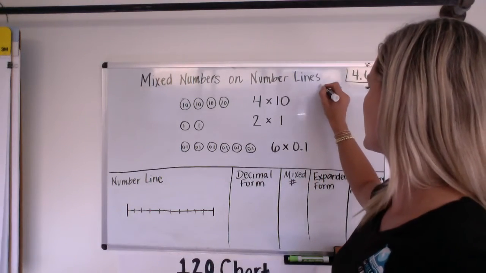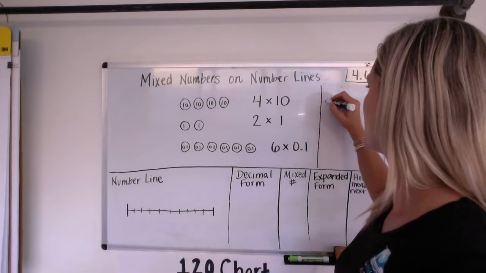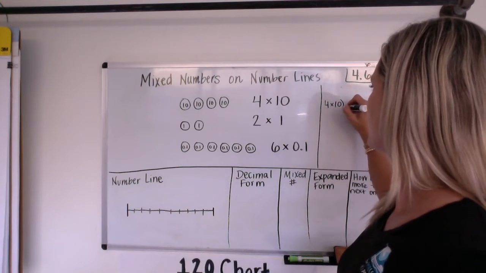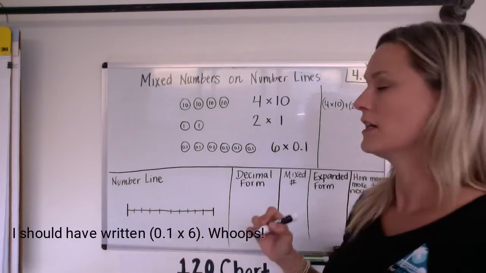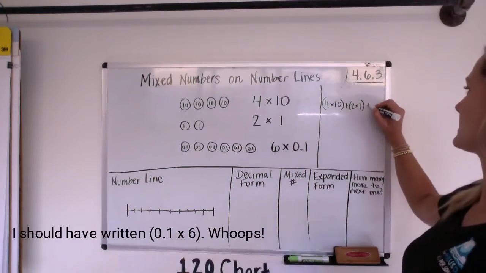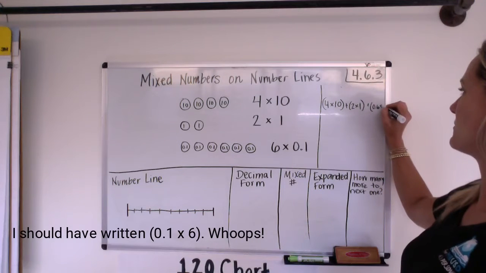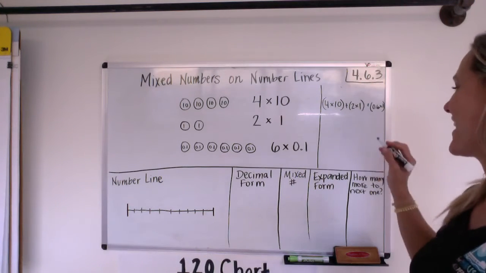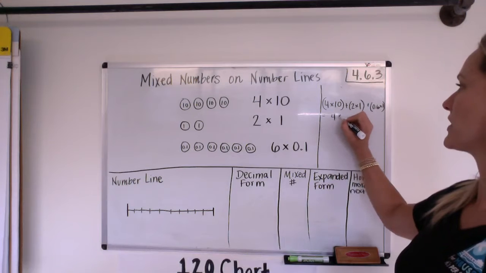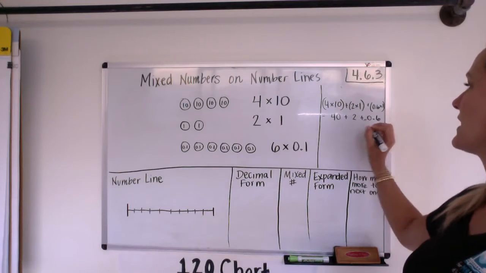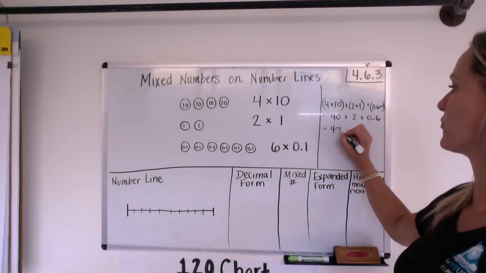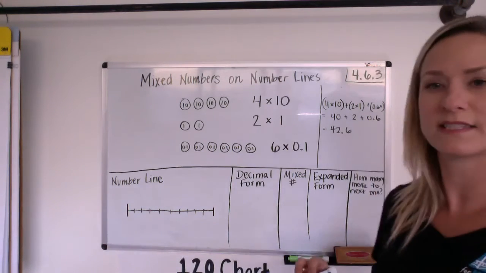So let's see here. If I just add another line, I could do 4 times 10 plus 2 times 1 plus 6 tenths times 1. Ooh, I made it. And we know that would be equal to 40 plus 2 plus 6 tenths. And we know that would be equal to 42 and 6 tenths.